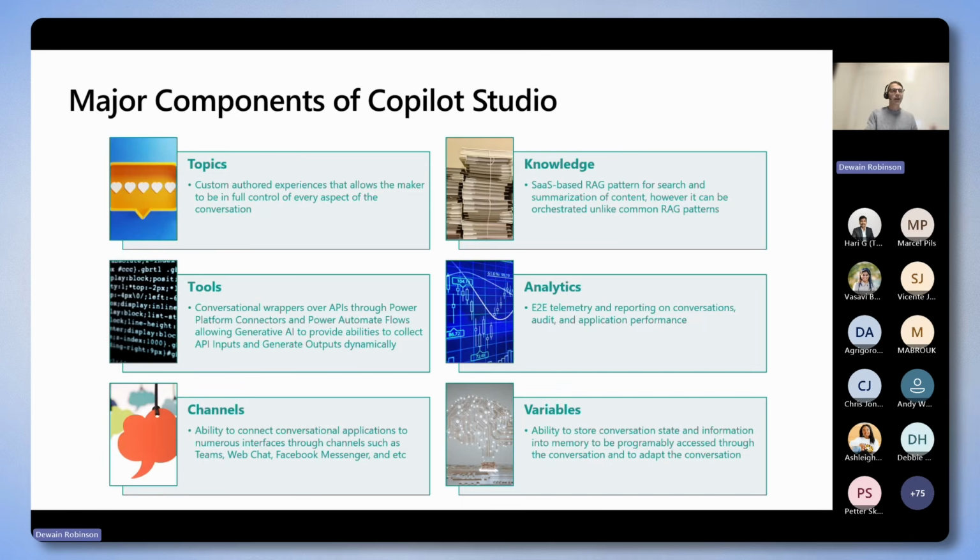So topics are basically your advanced authoring mode that you have inside of Copilot Studio. This is where the maker is in full control of everything, from when it should be triggered all the way down to you can say it exactly like this. So I like to use an example. Imagine if I manufacture sodas or something for a living.